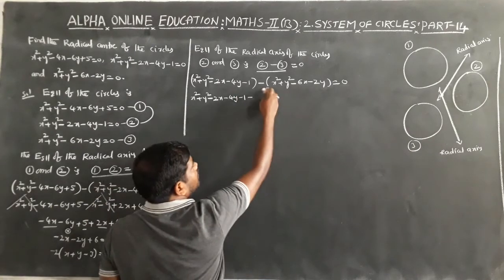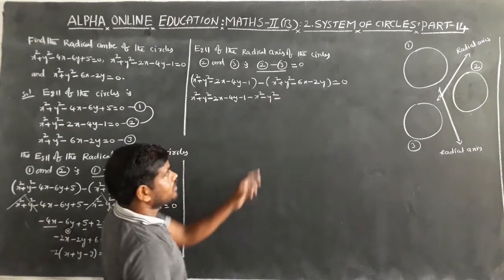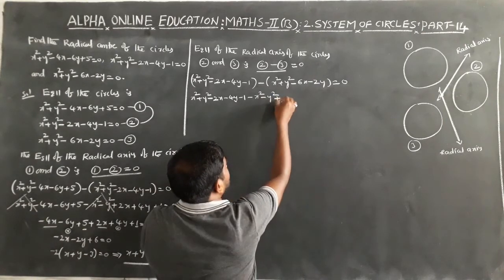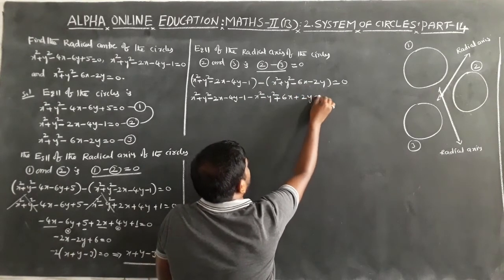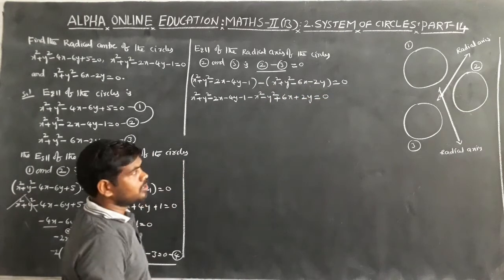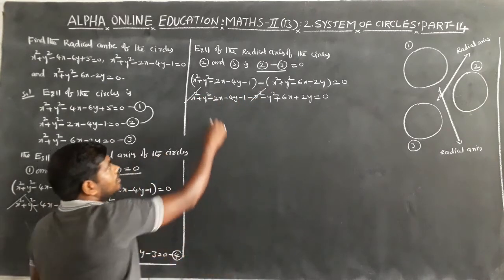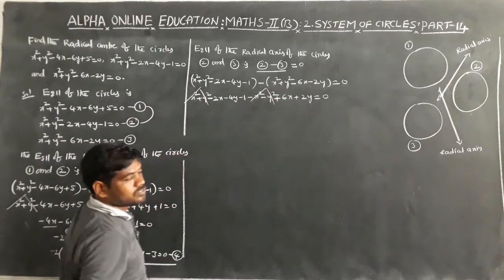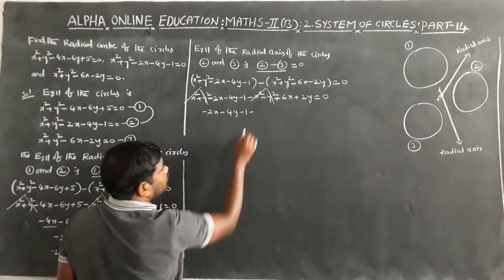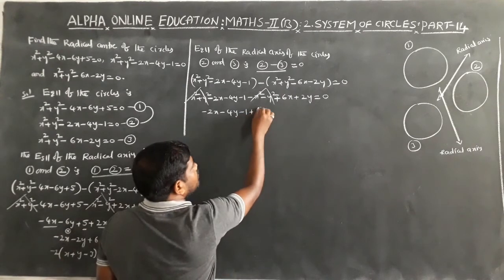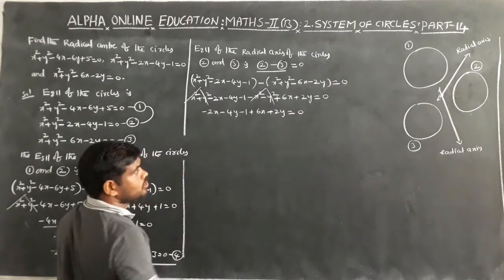Multiplying the total equation by the minus signs: minus x square minus y square minus 2x minus 4y minus 1 plus 6x plus 2y is equal to 0.